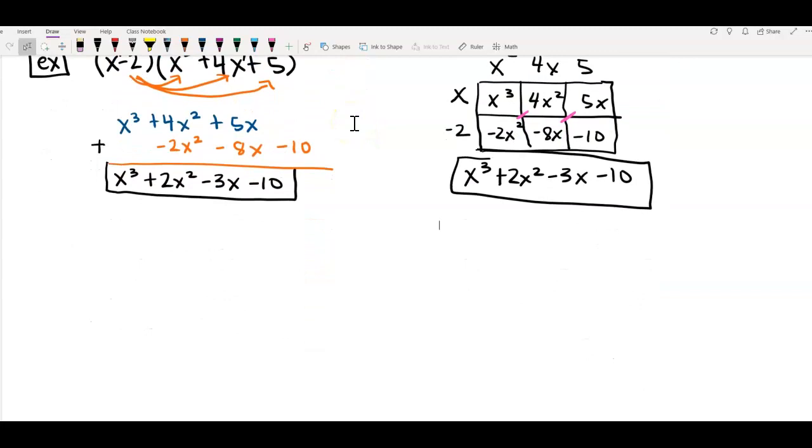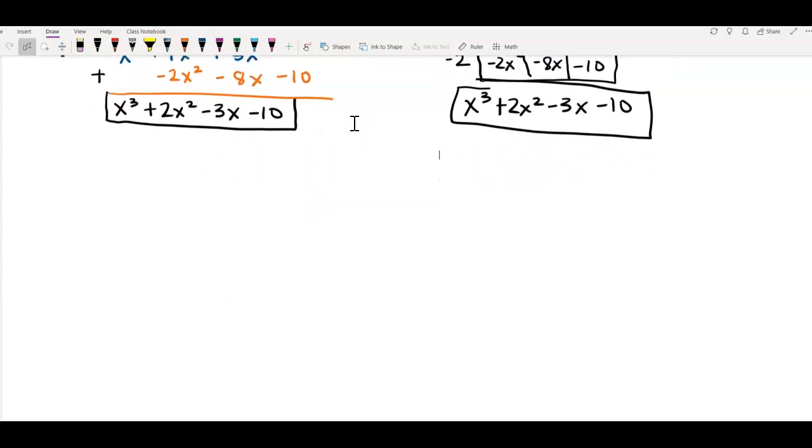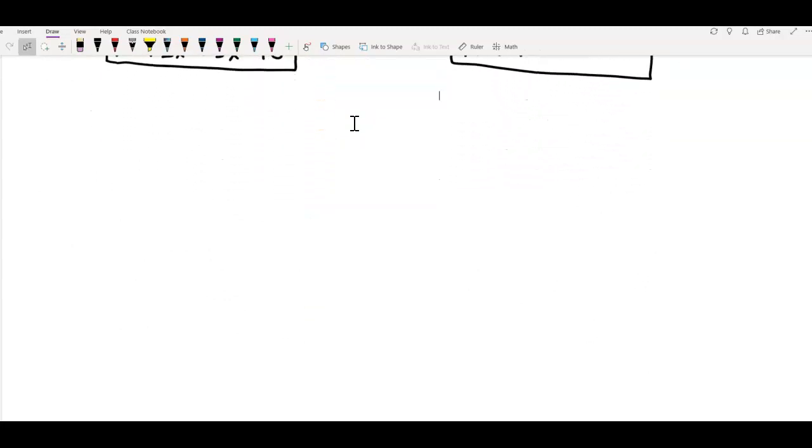And with this one, before we do this question, I just want to remind you about a couple of things, because these kind of show up. Remember that when you're asked to find the area of a rectangle, you're doing the length times the width.